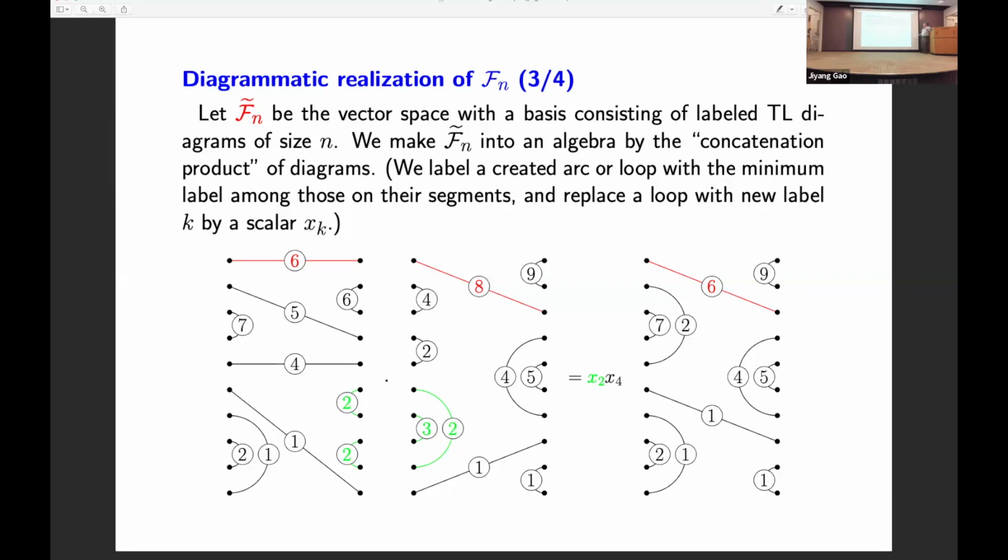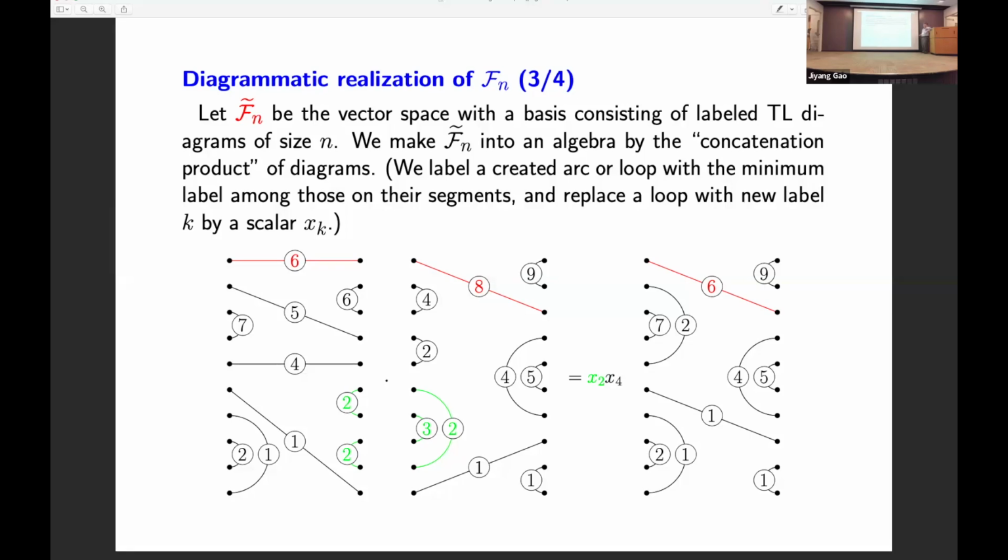Then we can equip this vector space with the algebra structure by the concatenation of diagrams. So for the product of these two diagrams, first you concatenate these two diagrams. So this arc here and this arc here are joined, then you get this arc.